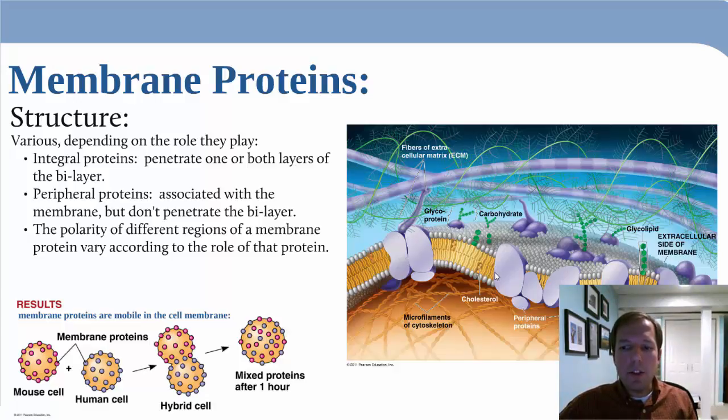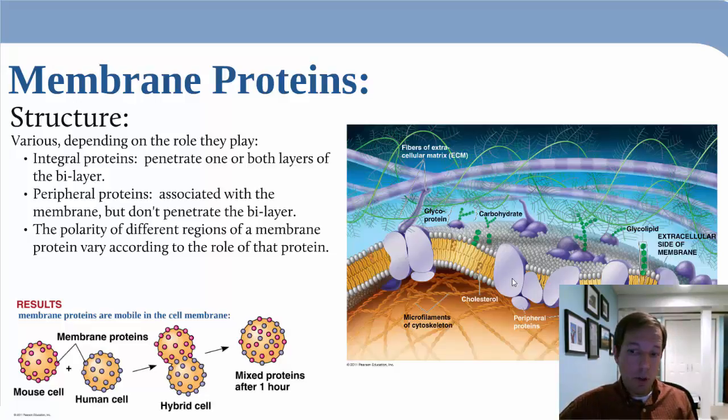The chemical structure of those proteins is going to match up with the place that they're going to be attached. So peripheral proteins are likely to be more hydrophilic, because they're going to be surrounded by the hydrophilic phosphate heads and the water on the interior or exterior of the cell.